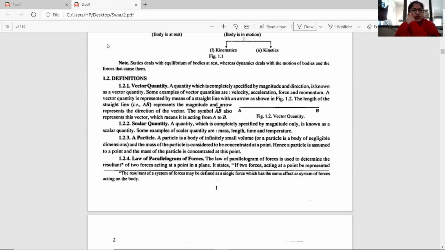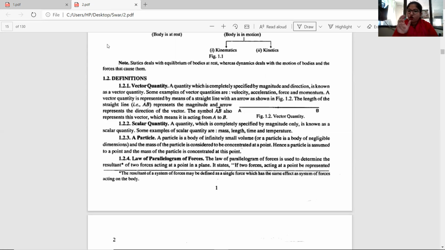For example, mass, length, time, and temperature. We will not say that in this direction the temperature is this, or in this direction the time is this. We can say the time in that city or that place is different, but we cannot say that in the north direction or south direction my time is this, my length is this, my mass is this.